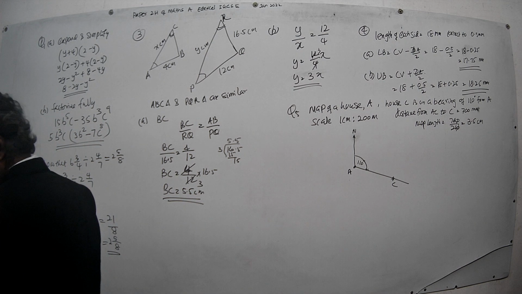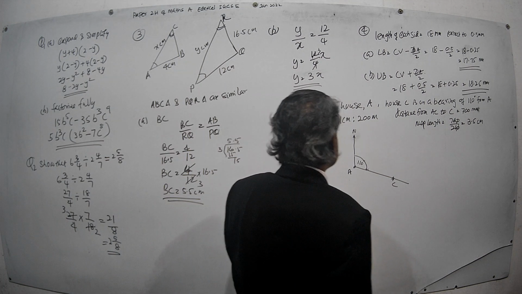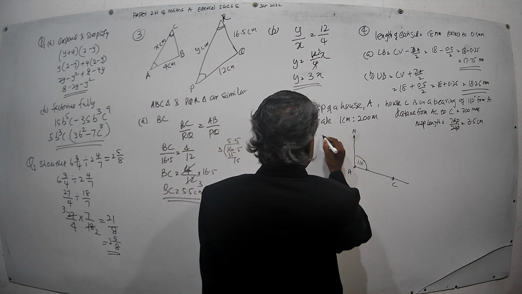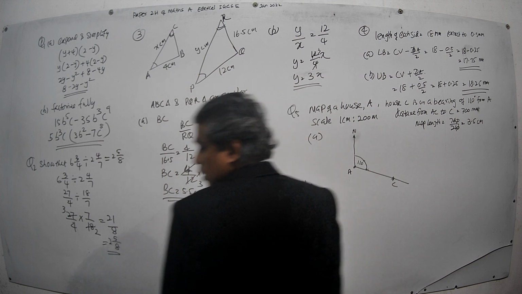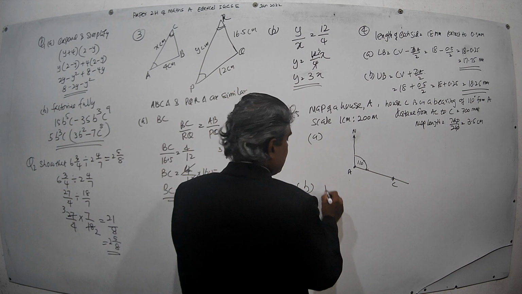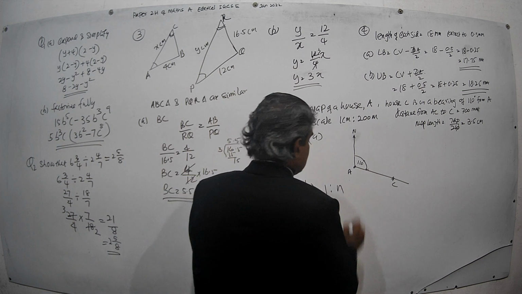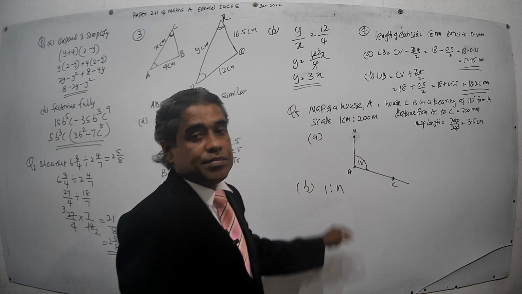Then they ask you to write the scale of the map in the form 1:n. This is part B. In the form 1:n, the left side is 1 and the other side is some other number.